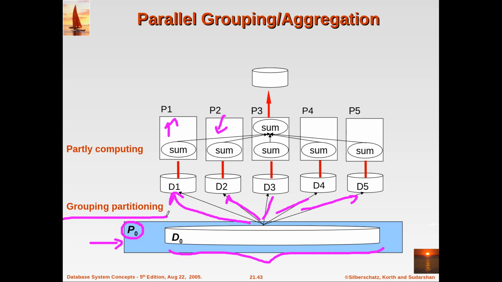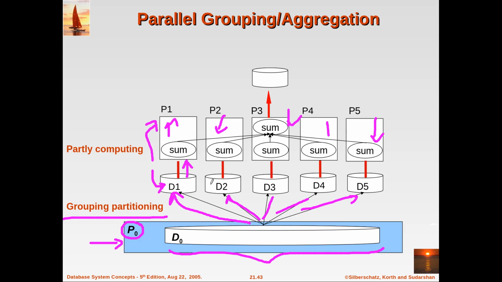This is the grouping partitioning. If salary is the attribute used for grouping, the relation will be partitioned based on the salary attribute. Some salary tuples will move towards D1, some other salaries to D2, and similarly D3, D4 and D5 of each processor. After getting these tuples into the individual disks of the individual processors, each will locally find the summation. For those tuples present in D1, the aggregate sum is calculated locally within P1.